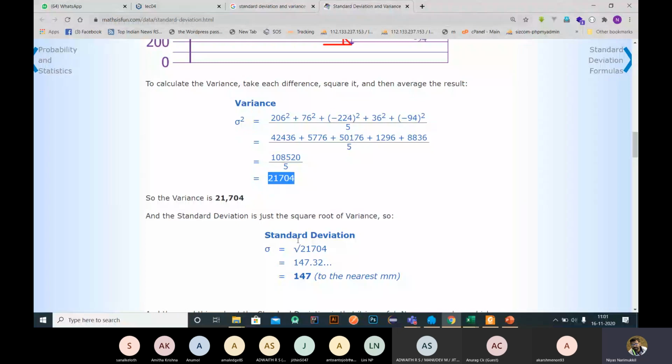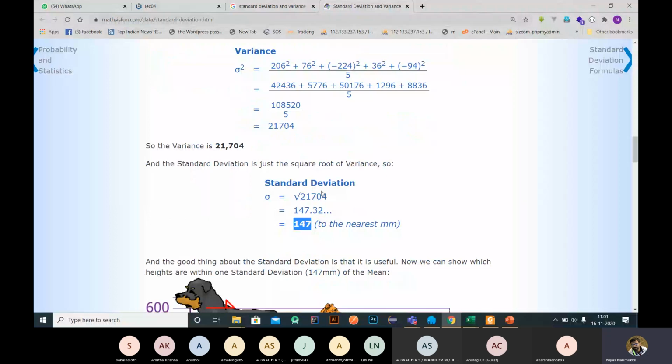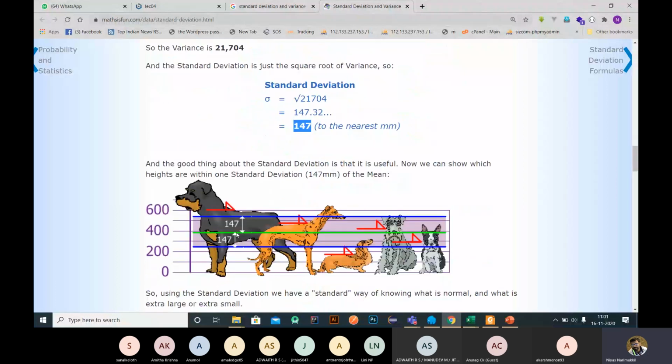In order to find the standard deviation, we take the square root of the variance. So sigma equals the square root of variance, that is 147. So 147 is the standard spread between the dogs.